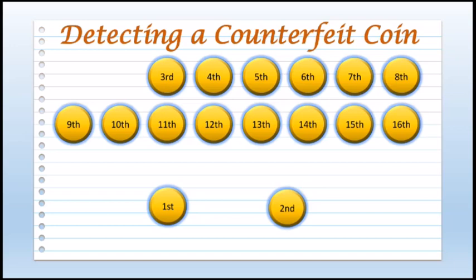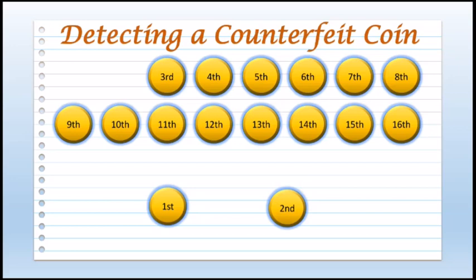If coin 2 is lighter than coin 1, then coin 2 is the counterfeit coin. If both coins have the same weight, then both coin 1 and coin 2 are genuine. So there are three possibilities: the first coin may be lighter, or else the second coin may be lighter, or both coins may have the same weight.